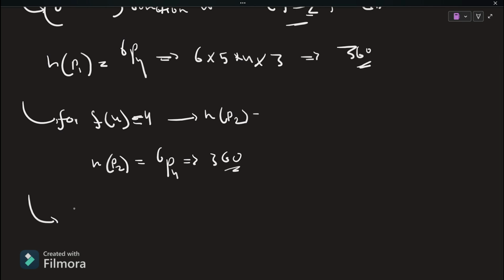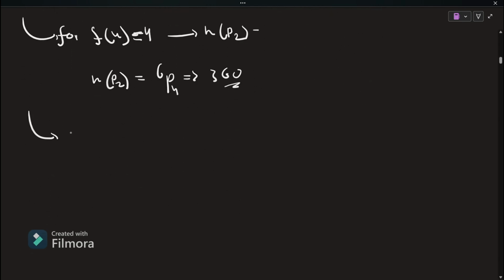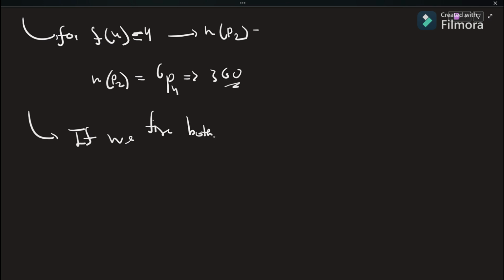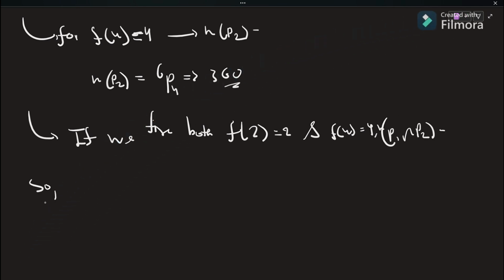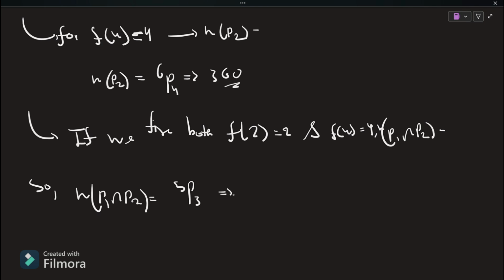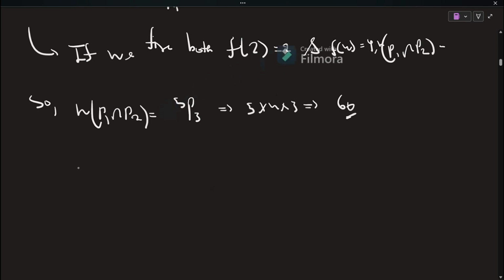So the third condition in the question is if we fix both f of 2 equals 2 and f of 4 equals 4. We can call this the intersection, n of p1 intersection p2, which is 5P3. When we solve this, it comes to 60.